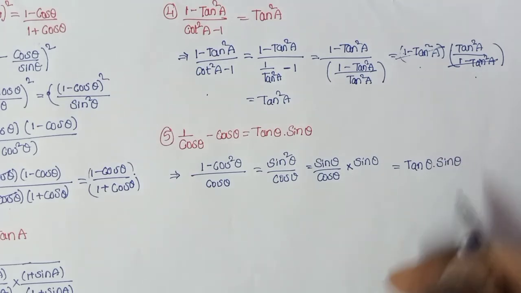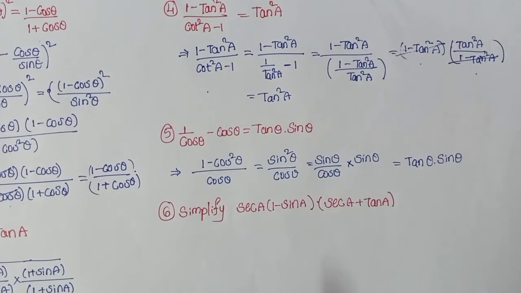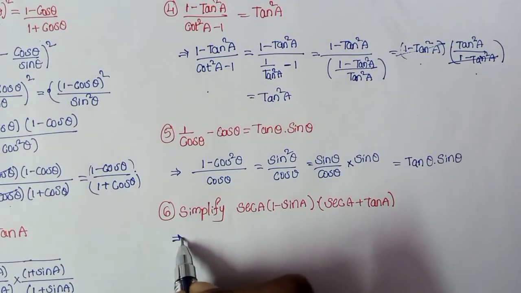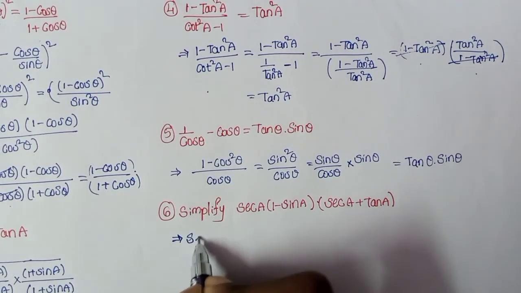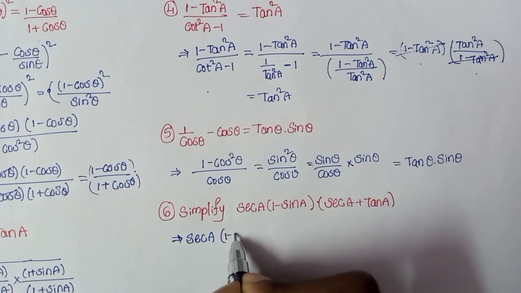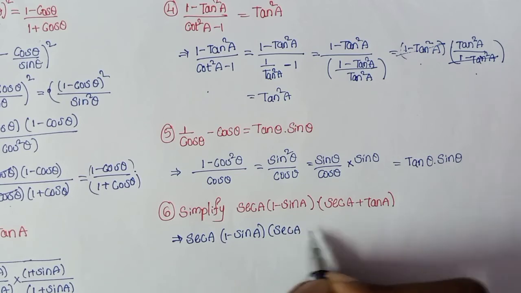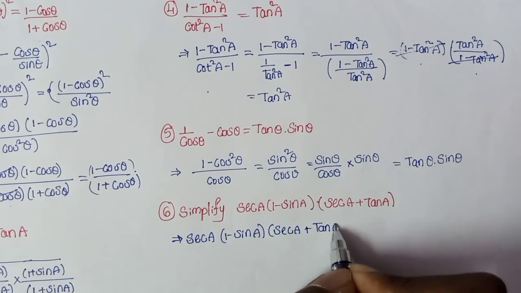So here sin theta by cos theta is tan theta into sin theta. This is the answer. Okay, the next problem is: simplify sec a into (1 minus sin a) into (sec a plus tan a). You need to simplify and find the final answer. Okay, first, given sec a into 1 minus sin a into sec a plus tan a.